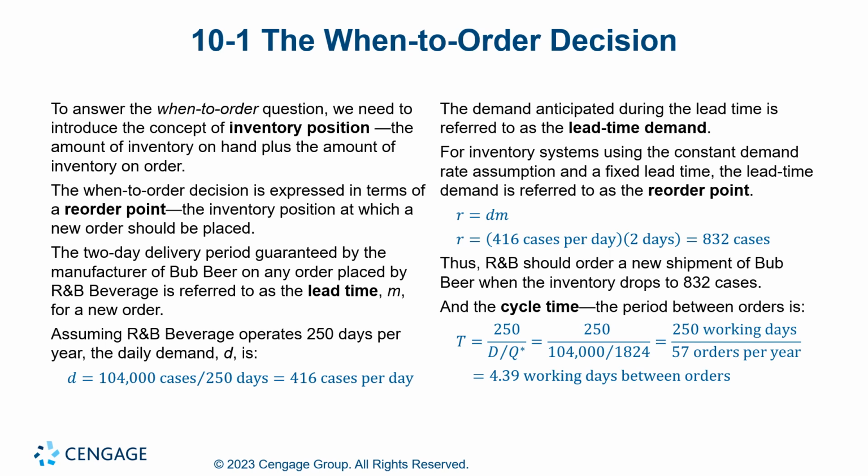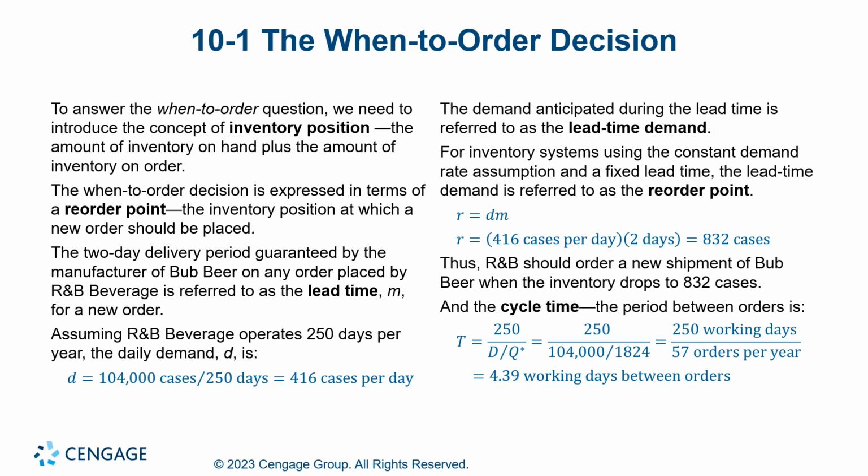The decision on when to order is expressed in terms of the reorder point. The reorder point is the inventory level at which you decide you need to reorder at this moment.